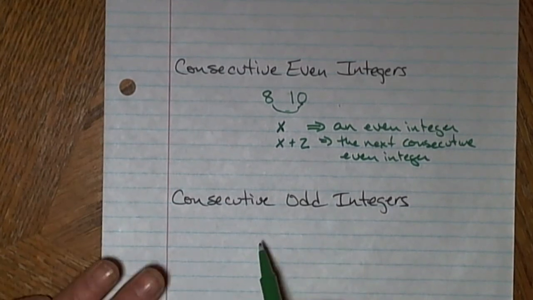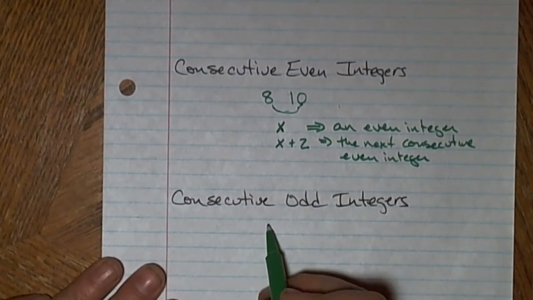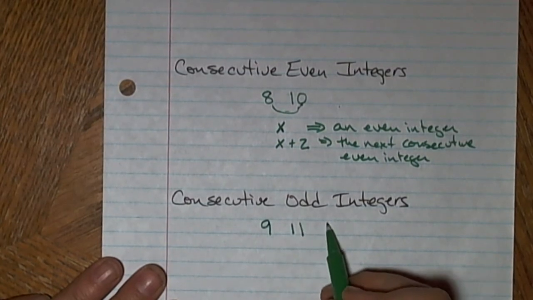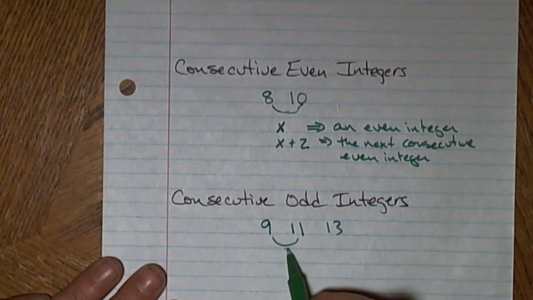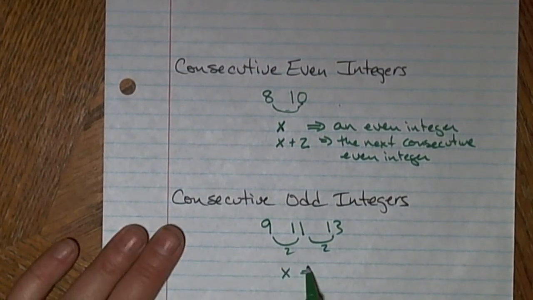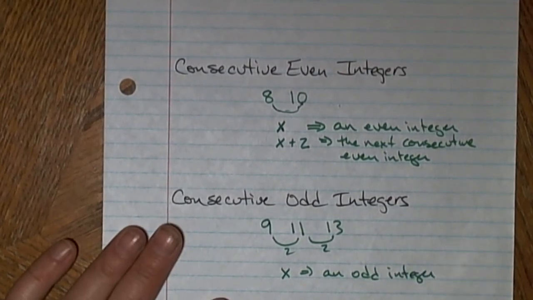The same thing is going to happen for odd integers, because odd integers, like 9, the next one would be 11, the next one would be 13, they also differ by 2 each time. So if I'm going to say x is an odd integer, and I want to find the next consecutive odd integer, it would also be x plus 2.